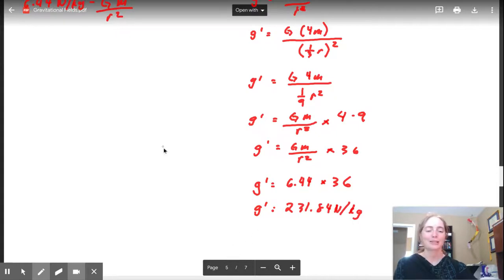Okay, so ladies and gentlemen, sig digs, units, as always. Three sig digs, that's going to round up to 32 newtons per kilogram.